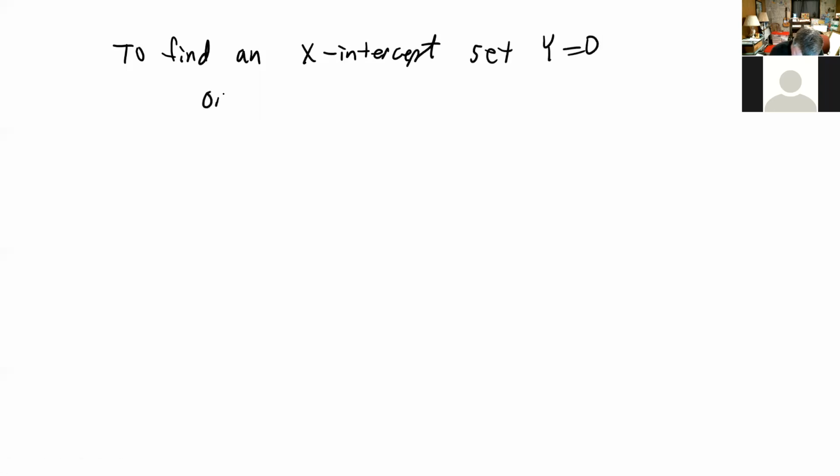We could say to find an x-intercept, set y equal to 0, or complete the following ordered pair.